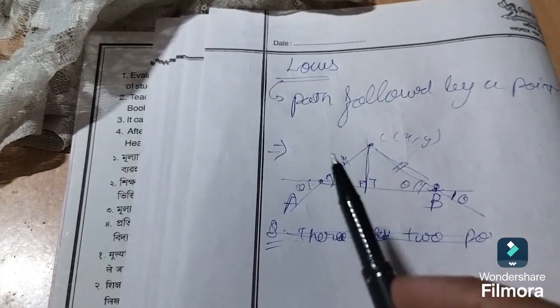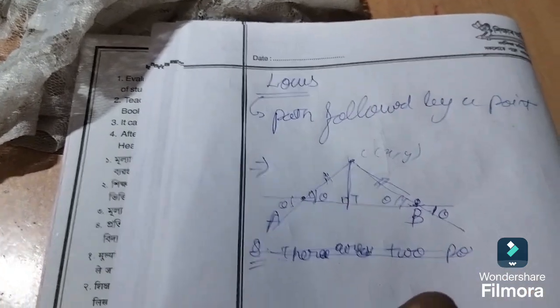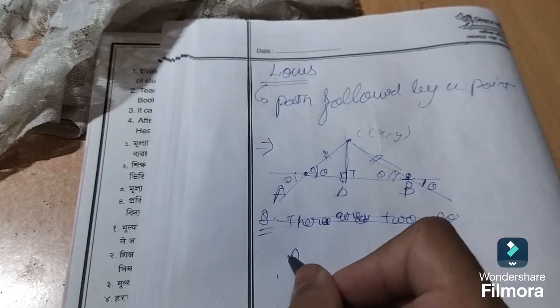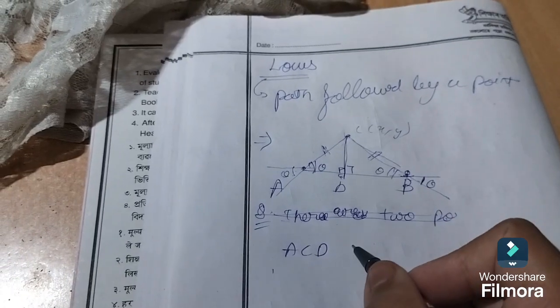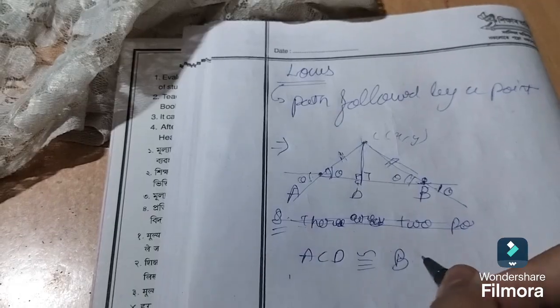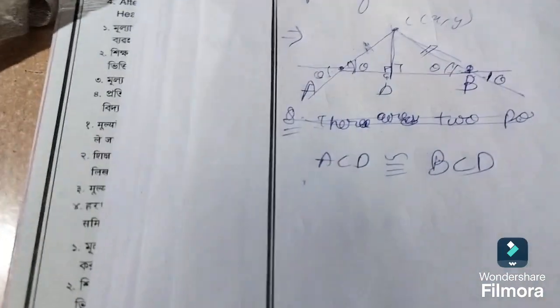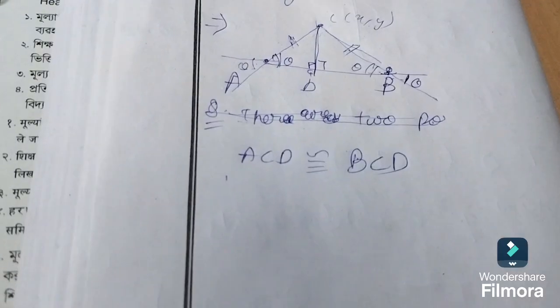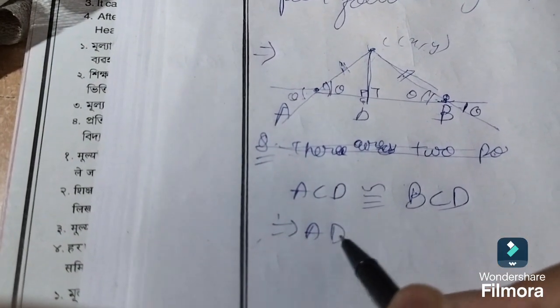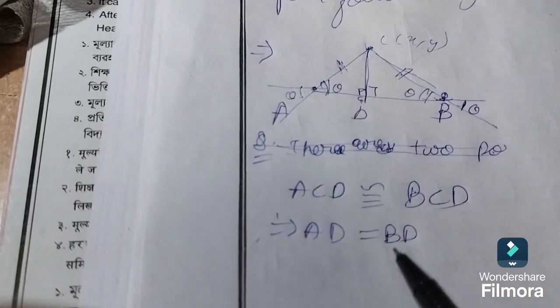However you do, these two triangles ABC, let's say this is D, so ACD is congruent to BCD, right? Now if you understand ABCD, then I can say AD is equal to BD.